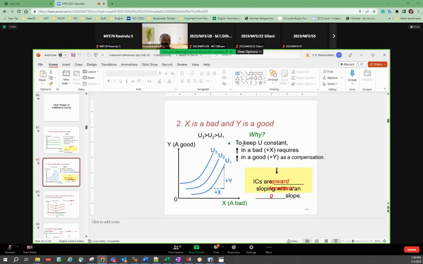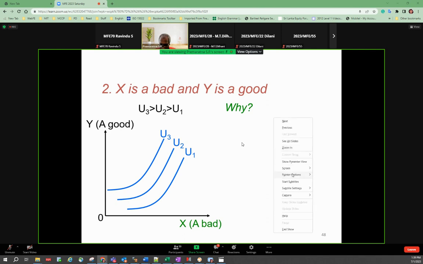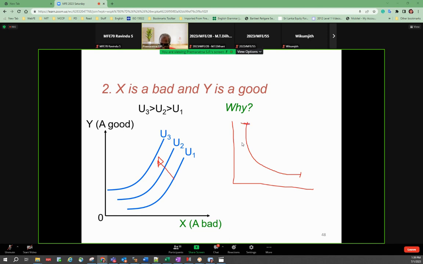Yes. Now this is the one you asked me about. If you try to explain using the indifference curve map, not a single indifference curve, I try to explain the move in this direction. But it's still a valid shape. Like I explained, theoretically we take the negative slope range.